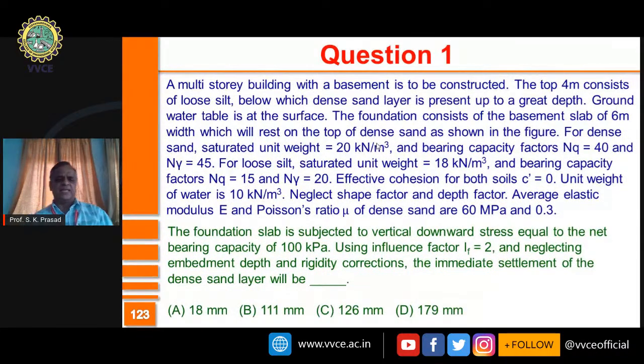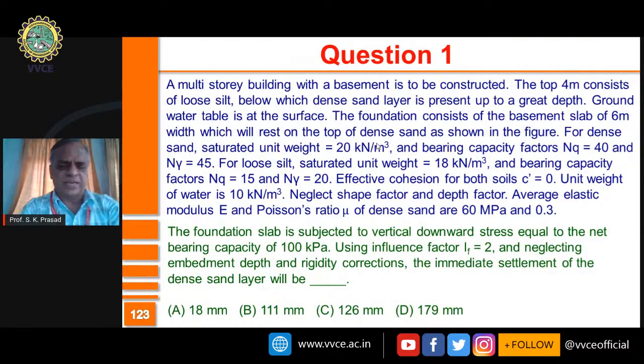For dense sand, saturated unit weight is 20 kilonewton per meter cube. NQ and N gamma are given. For loose silt, saturated unit weight is 18 kilonewton per meter cube. NQ and N gamma are given. Effective cohesion for both of these soils is 0 because it is sandy, cohesionless soil.